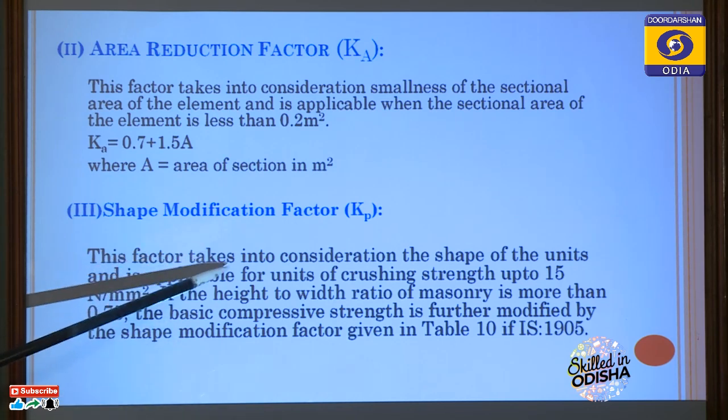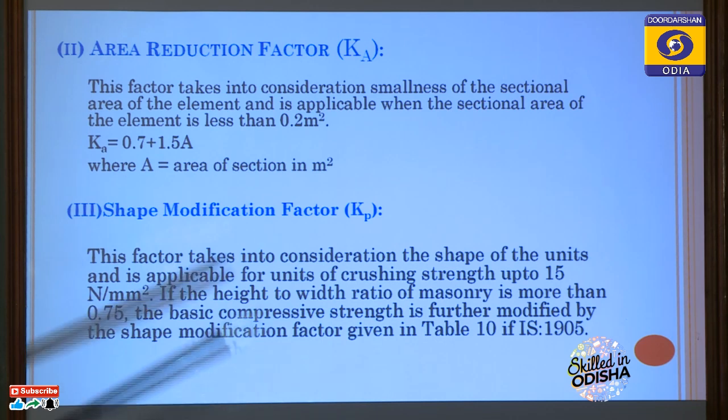This factor takes into consideration the shape of the units and is applicable for units of crushing strength up to 15 Newton per millimeter square. If the height to width ratio of the masonry unit is more than 0.75, the basic compressive strength is further modified by the shape modification factor.